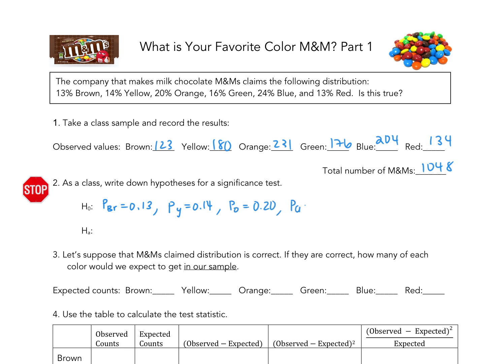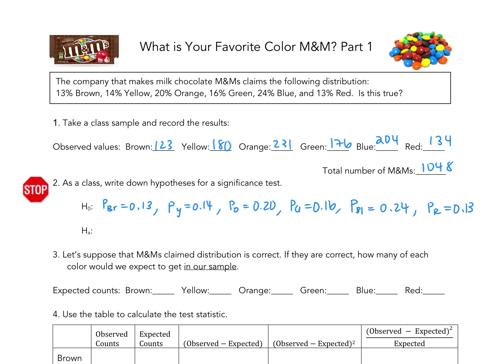The proportion of green should be 0.16. That's a G. That's P of G. I know my G's are hard to read. Proportion of blue is 0.24, and the proportion of red is 0.13. Now, just note I used the first letter, except there were 2 B's. That's why I did BR for brown and BL for blue. I could have just done 1, 2, 3, 4, 5, 6 also. So this is the way the null would look.